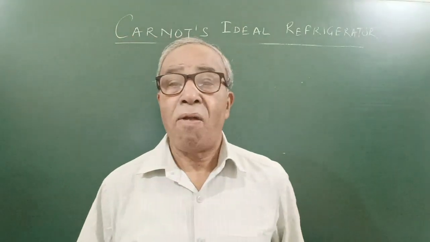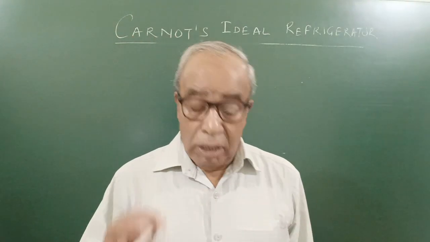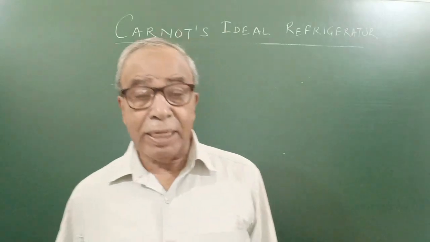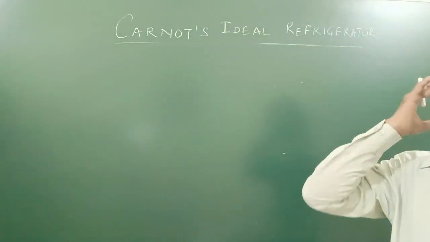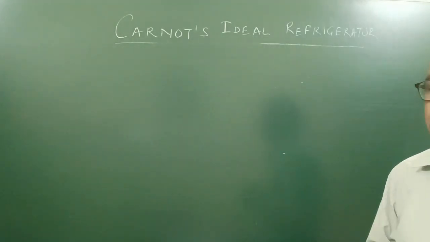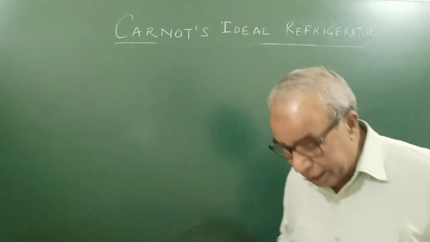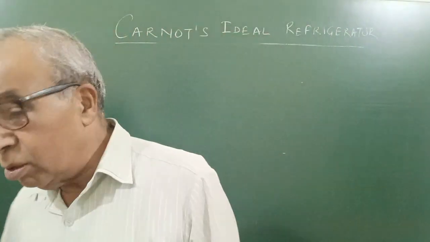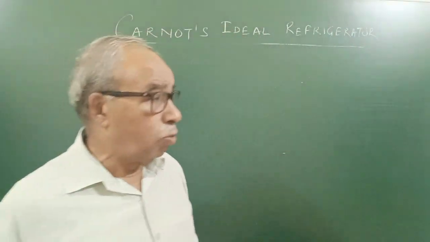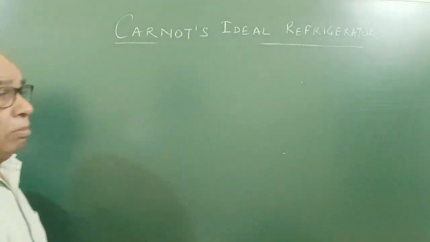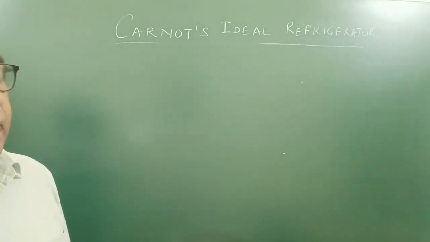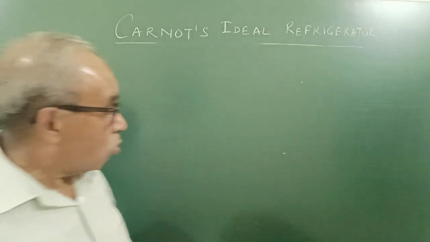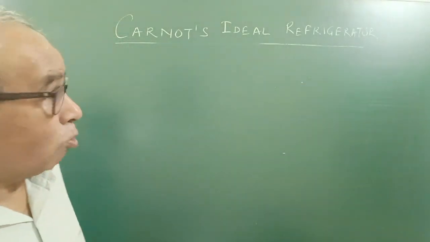A Carnot refrigerator takes heat from the cold body and gives it to the hot body. The purpose of a refrigerator is to extract heat from the cold body. Where it goes is another matter. But the heat extracted per unit work done from the cold body gives the coefficient of performance.